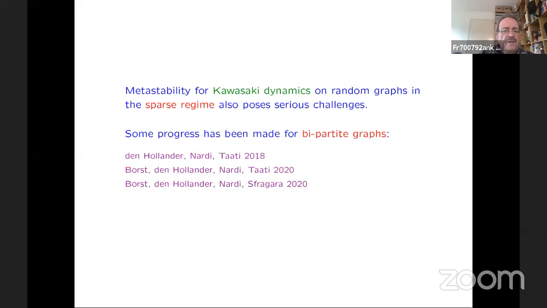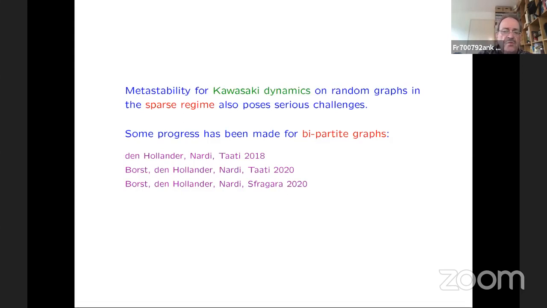And you can even do Kawasaki dynamics on random graphs of this type. There are a couple of papers where we have looked at this on random bipartite graphs, so that you have 2 classes of vertices, the blue ones and the red ones, and the blue ones only connect up with the red ones, but the red ones do not connect up and the blue ones do not connect up.